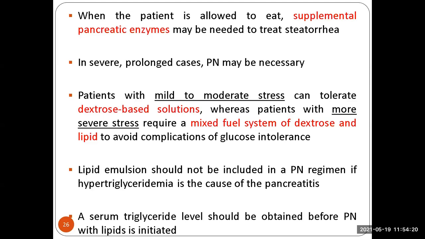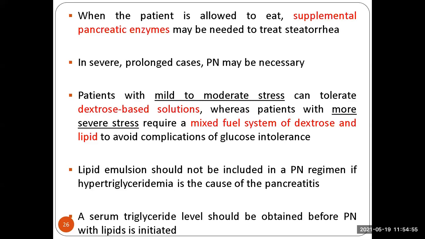So what type of nutrients are to be delivered through the intravenous method or parenteral nutrition? It depends upon the stress level. So if the stress level is low or moderate, then a dextrose-based solution is preferred. And in case of more severe stress, a mixed type of solution, meaning dextrose along with lipid preparations, should be given to avoid the complications of glucose intolerance.